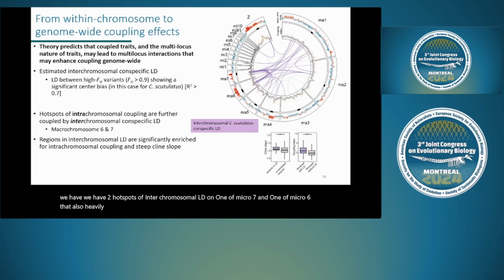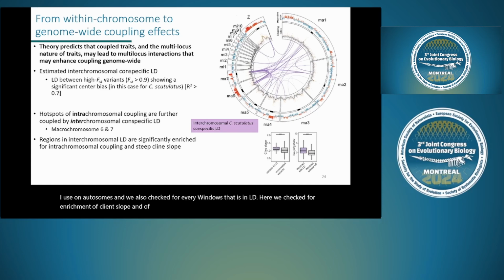And what's interesting is that those two hotspots of interchromosomal LD correspond to regions of the genome that show among the highest intrachromosomal coupling values on autosomes. And we also checked, for every window that is in LD here, for enrichment of cline slope and of coupling.